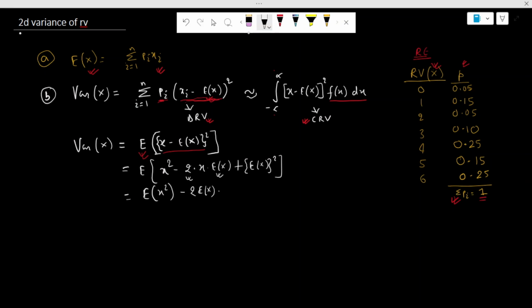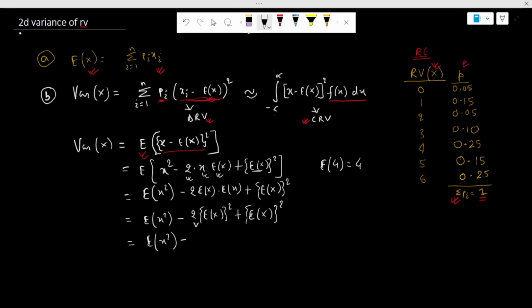Plus, the expectation of x is itself a constant, and the expectation of any constant is equal to the constant itself. So we write only the constant value and its square. We have twice the expectation of x and its square again, so twice this thing plus the same thing, and if we operate it, we are left with 1 times that thing.